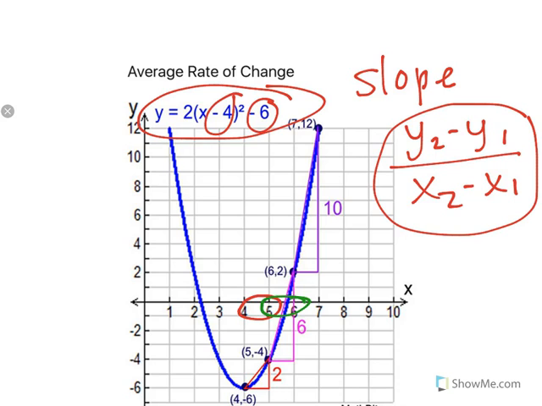And when x is between 6 and 7, the slope is 10. So it changes each time. We can't figure out a distinct slope that's just constant, so we're only going to look at it as intervals, between 2 numbers or 3 numbers each time.